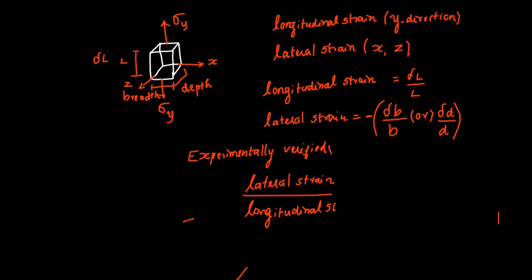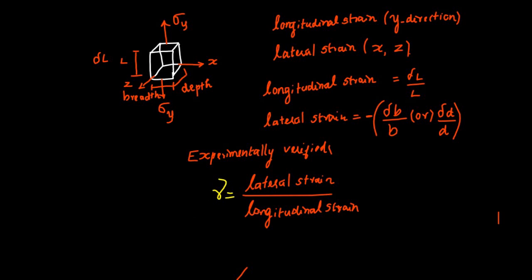So you can say that it is because they did the experiment, and after repeated measurements, the experimentalists came to the conclusion that the ratio of the lateral strain to the longitudinal strain is always going to be a constant. And this constant is denoted by the notation nu. So that is the constant.